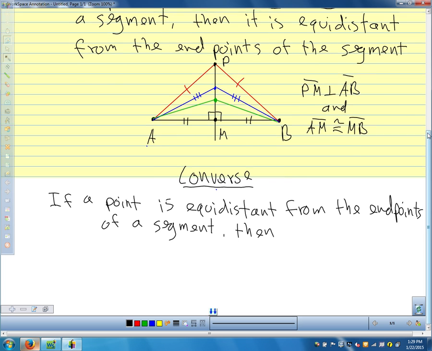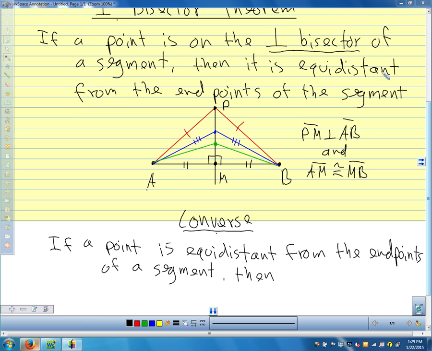If we're going to make the converse of this, then it is on the perpendicular bisector.